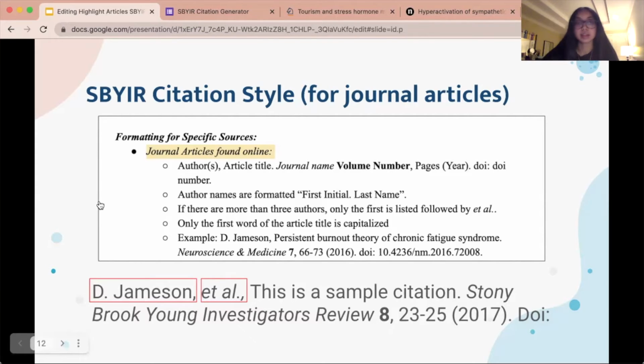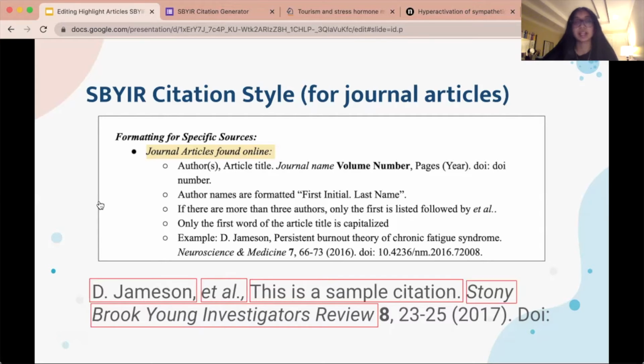This is followed by the title of the journal article, followed by a period, and the name of the journal itself in italics. This is followed by the volume number in bold, and then a comma, the page numbers, the year in parentheses, a period, and then the DOI.